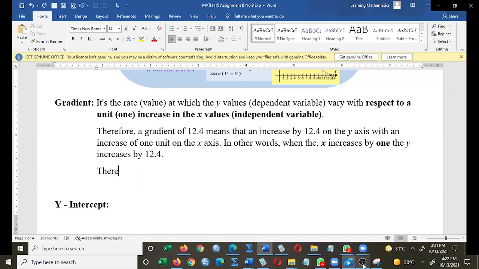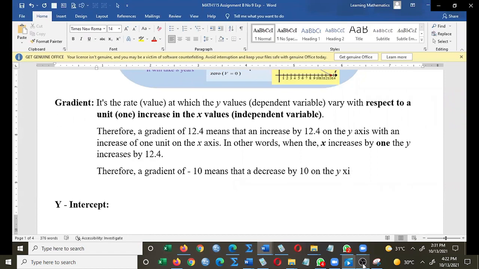Therefore, a gradient of -10 means what? A decrease by 10 on the y-axis, with an increase of 1 unit on the x-axis.